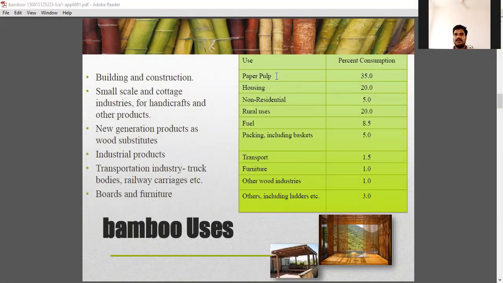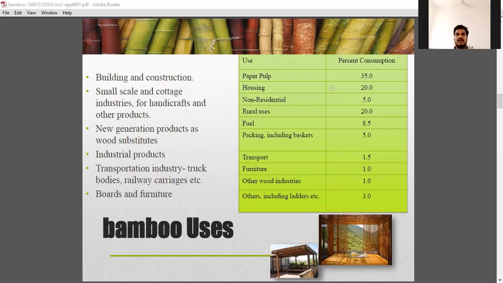Bamboo is used in paper pulp for 35%, in housing for 20%, non-residential 5%, and rural uses 20%, and from bamboo we can produce fuel also.